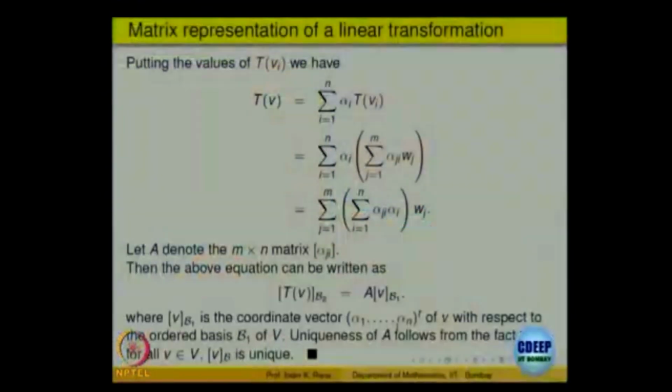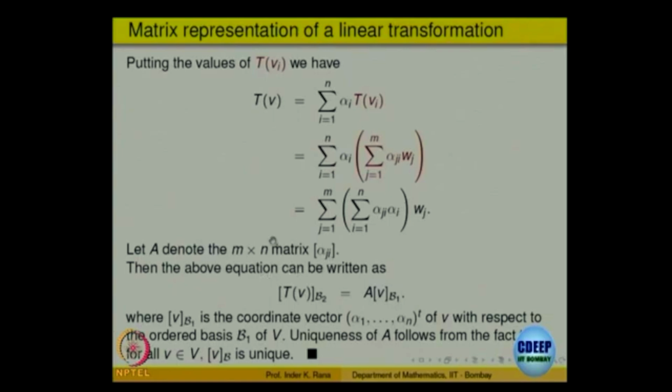So I think we will spend some more time because he indicated that his time is running out. But let me just say what it says is the following. The important thing in the proof is that T of V is a linear combination that we get here. The coordinates of TV are A times alpha, where A is the m cross n matrix alpha j i.